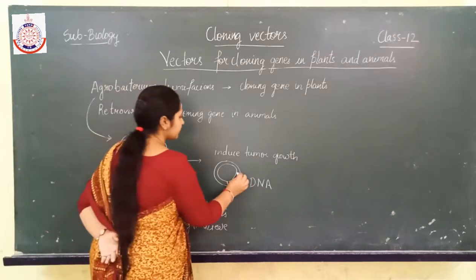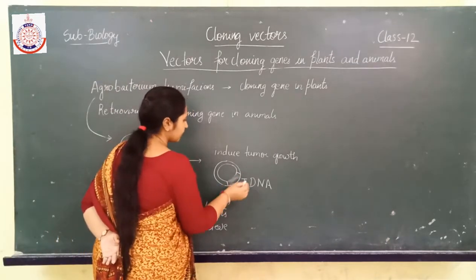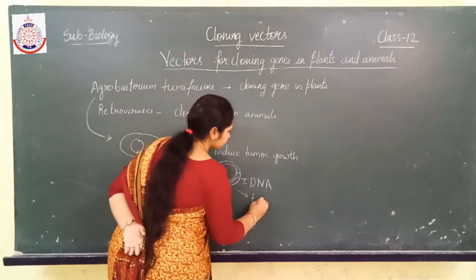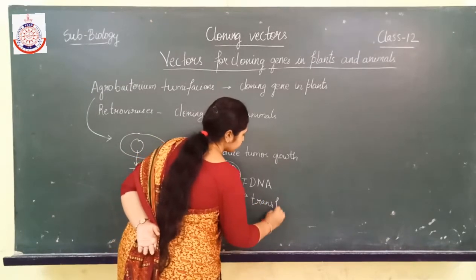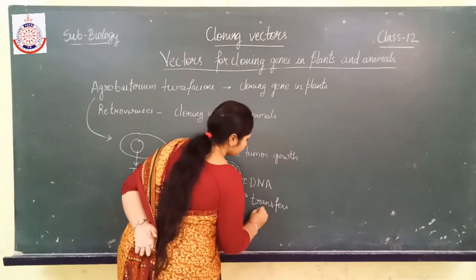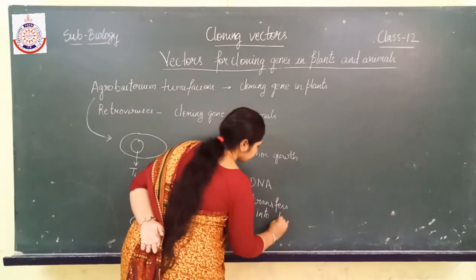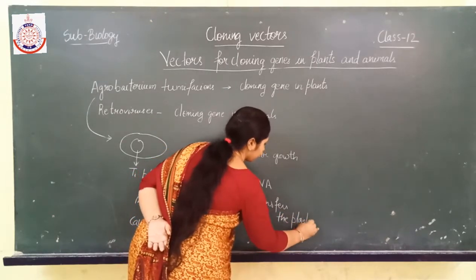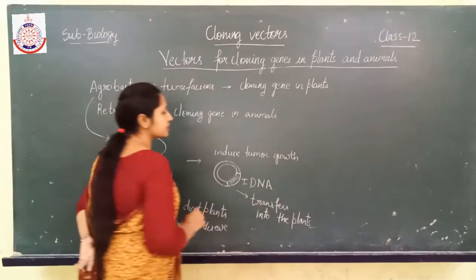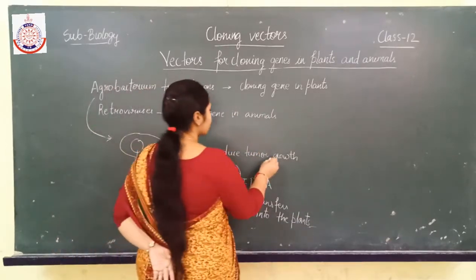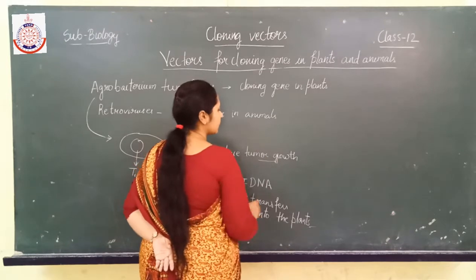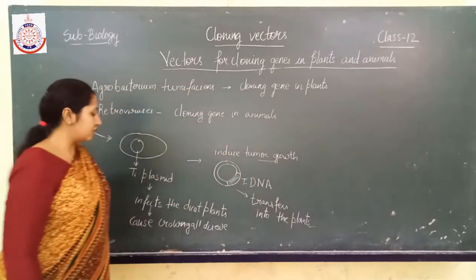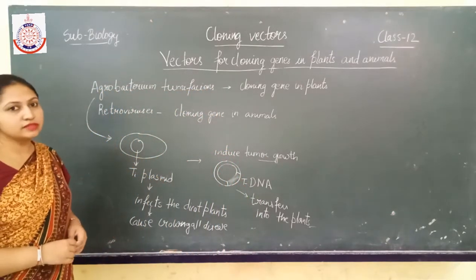And this region transfers into the plants. This tDNA region is responsible for causing the tumorous growth in the plants, and they cause crown gall disease.